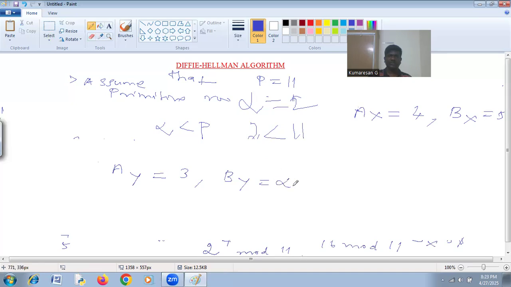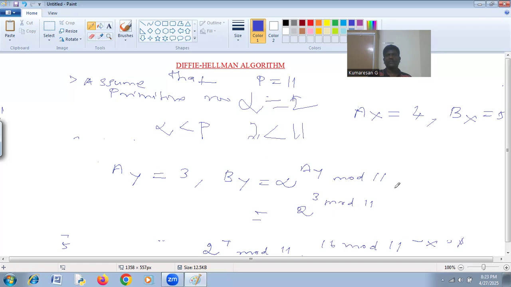We calculate it with the help of the primitive root rule. What is the alpha value here? It is 2, so 2 power 3 mod 11. 2 power 3 is 8, and 8 mod 11 is 8.